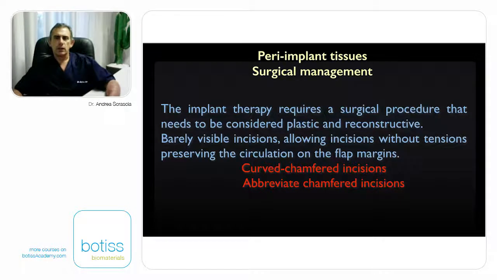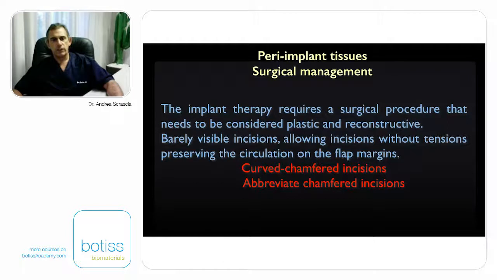Periimplant tissue surgical management: implant therapy requires surgical procedures that need to be considered plastic and reconstructive. Barely visible incisions, allowing incisions without tension, preserving the circulation on the flap margins.